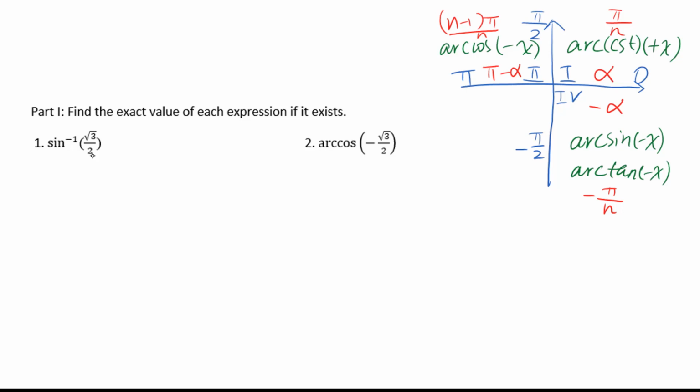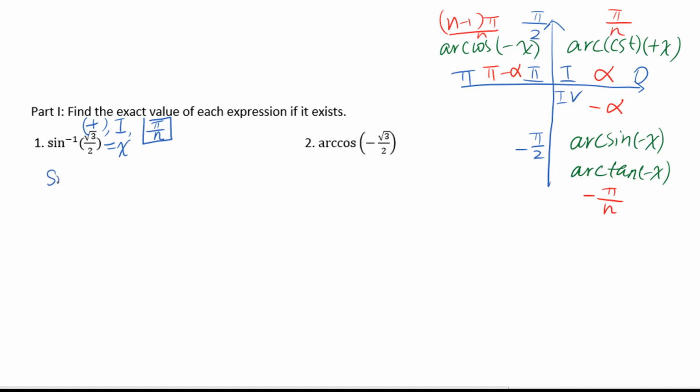Let's go to example number 1. Inverse sine of square root of 3/2. This number is positive. Therefore, go to the first quadrant. The pattern for special angles is pi/n. So we set this equal to x.